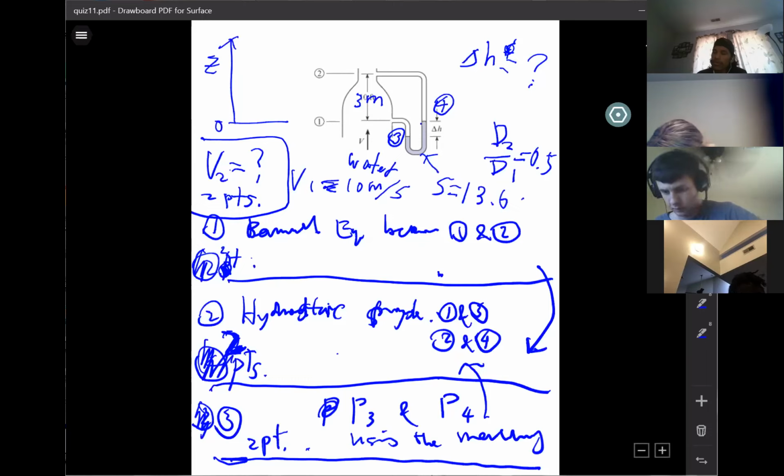V1, you have it. Everything else you should have. Your delta H is there, so you need to calculate V2. Be careful. This is the information I gave you: the diameter ratio is 0.5.